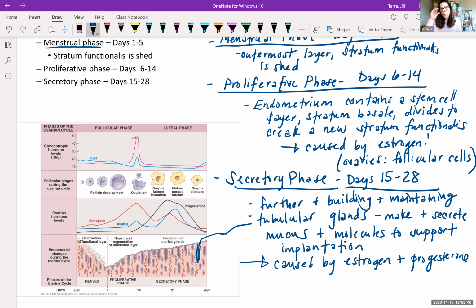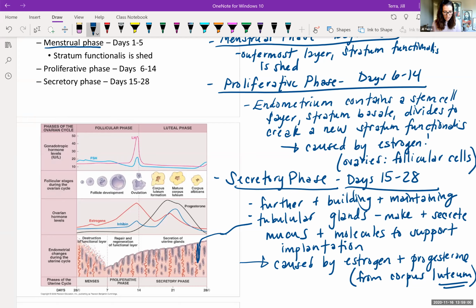Where's the estrogen and progesterone coming from during this part of the whole cycle? It's coming from the corpus luteum.